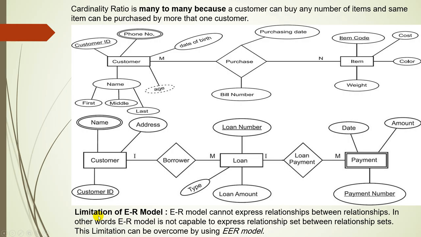The limitation of the ER model: the ER model cannot express relationships between relationships. In other words, the ER model is not capable of expressing a relationship set between relationship sets. This limitation can be overcome by using EER, or Enhanced Entity Relationship model.